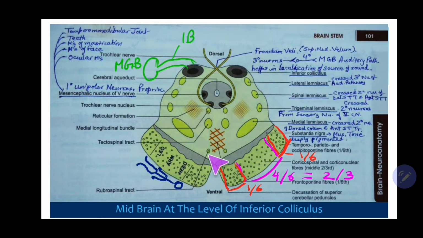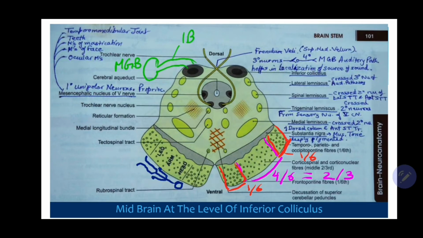Now similarly you are seeing these two paramedian longitudinal tracts, and these are called the rubrospinal tract. Now these fibers have also decussated in a segment above this, because there was a red nucleus at the level of superior colliculus.